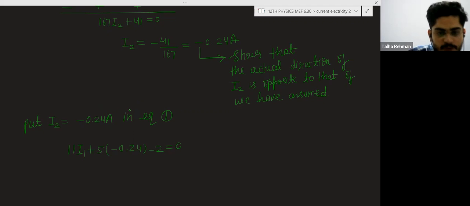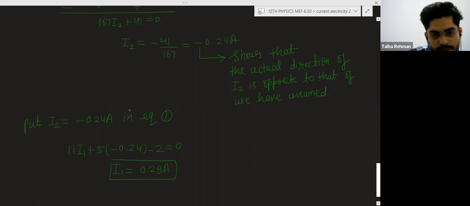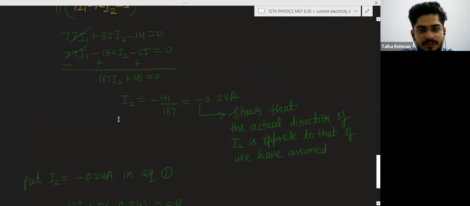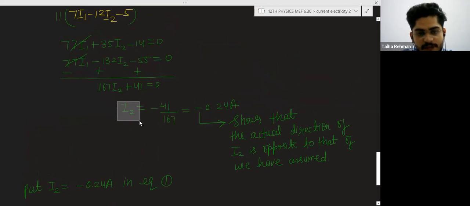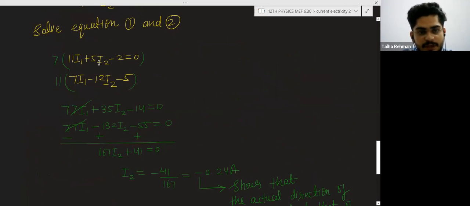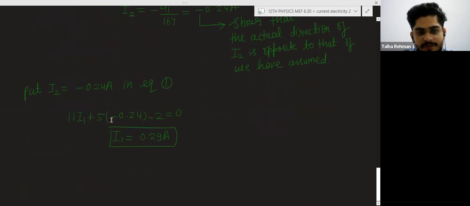You will solve from here. You will get I1 is equal to 0.29 ampere. Okay, what you have done, you have just put this value of I2 in this equation, 11 I1 plus 5 I2 minus 2, and you will get I1.